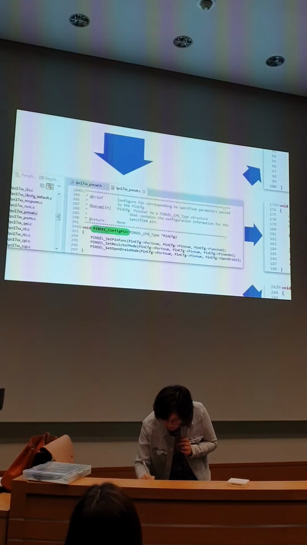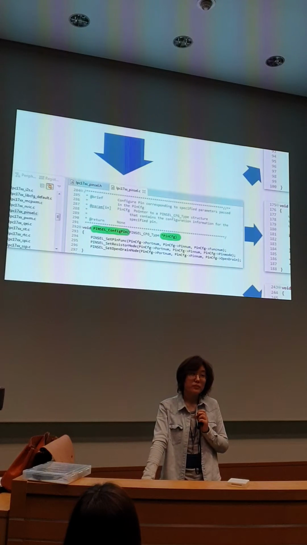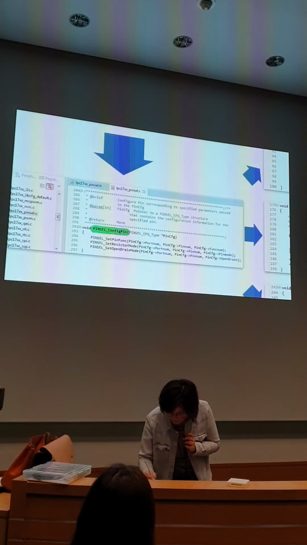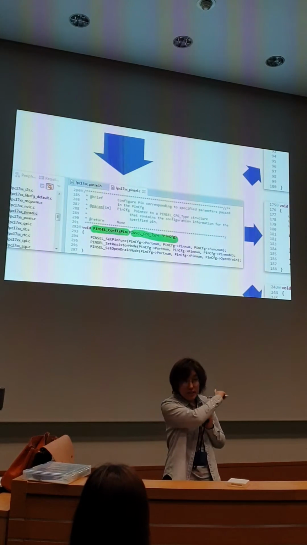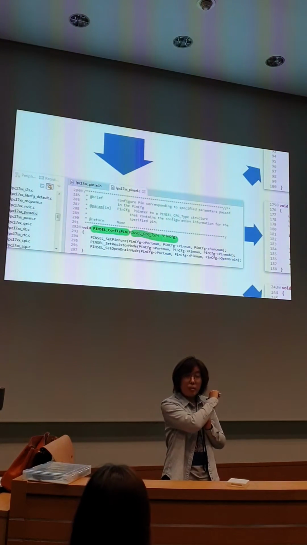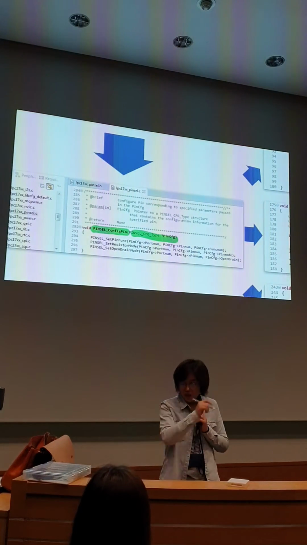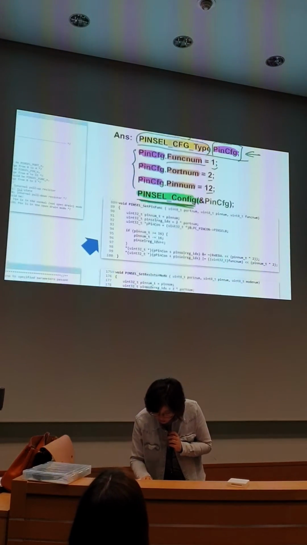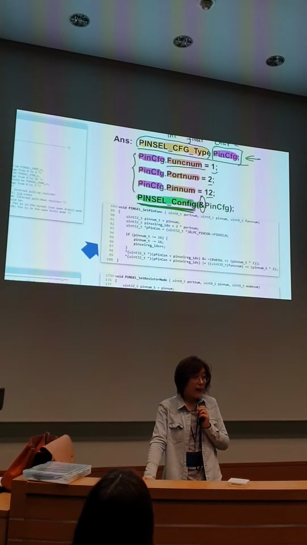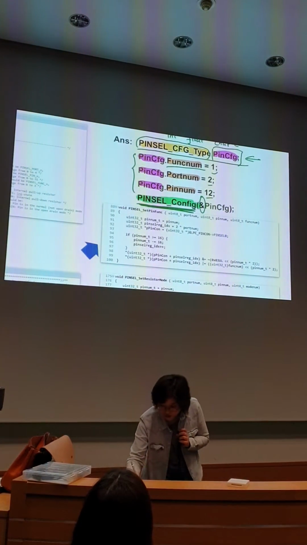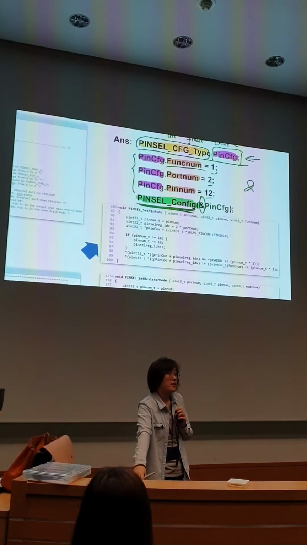This function requires an address; it's a pointer pointing to this structure. Can you see the star there? That's why here you need this and there, right? This refers to the address.